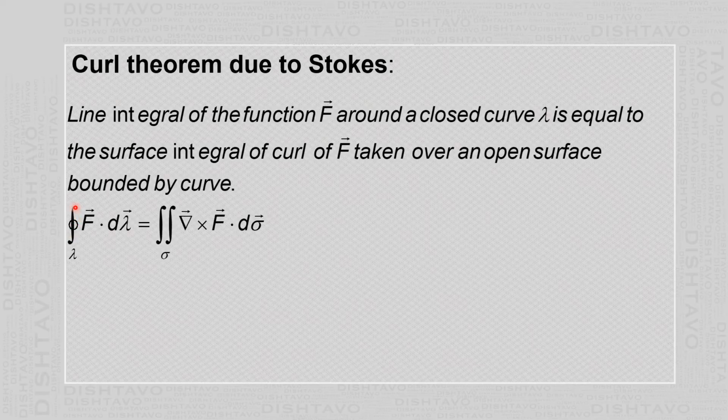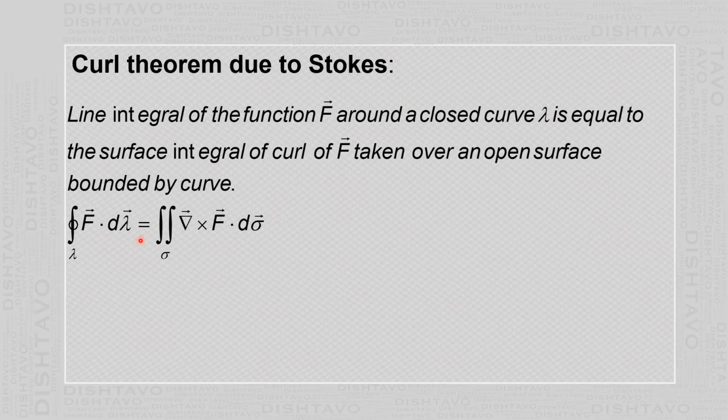So the line integral of the function, and this function is a vector function. Now a small increase in the length is written as d lambda. But the integrand has to be a scalar quantity. So what is done is this length is written as a vector, and then we take a dot product between vector f and vector d lambda. That makes the integrand a scalar quantity.